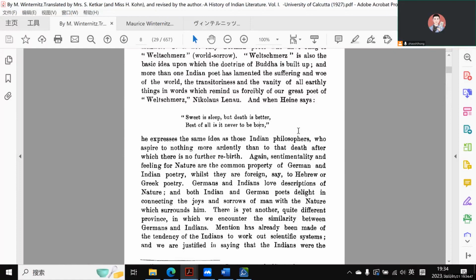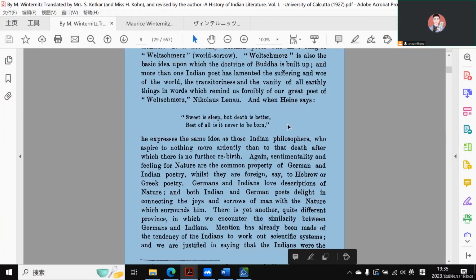One of the key ideas for them is to get out of this circle of life and death and not be reborn in another world, or just emancipation, 解脱, like that.